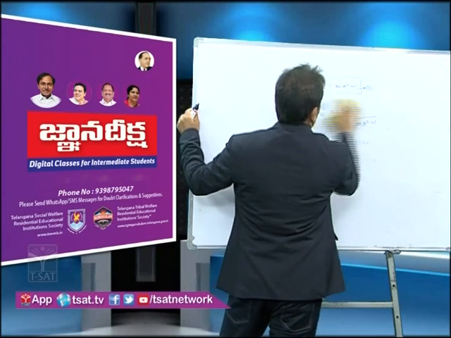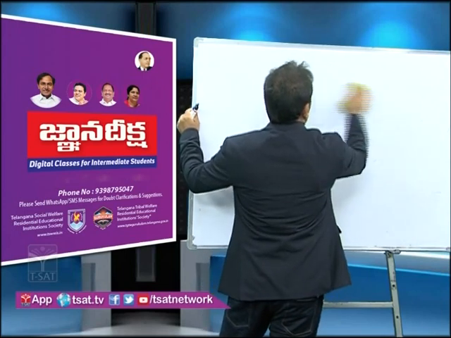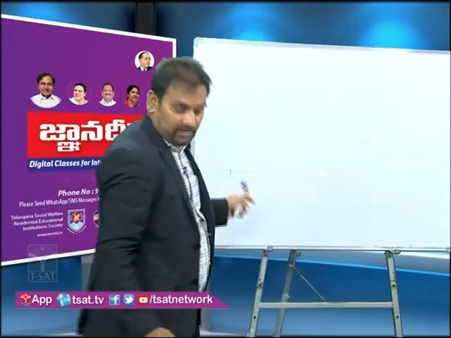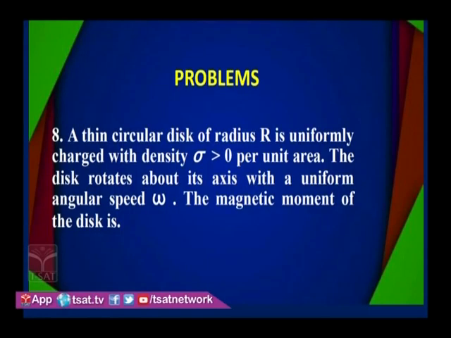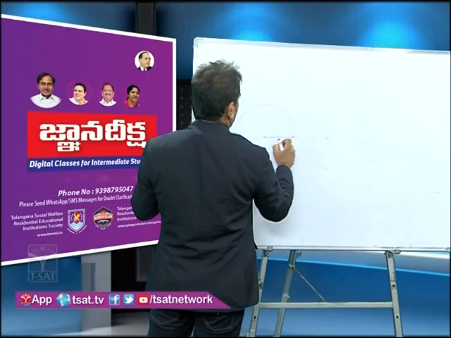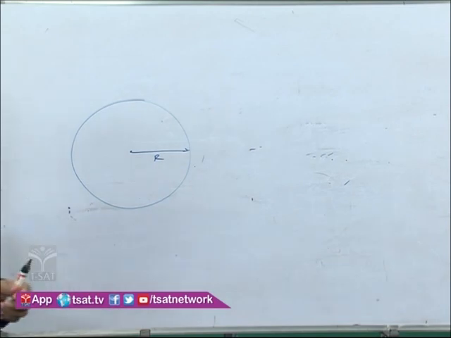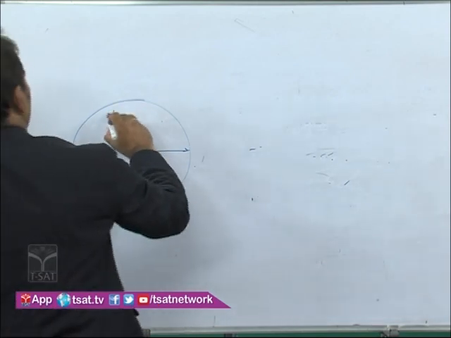In this application, a thin circular disc of radius r was given, which has a surface charge density sigma.